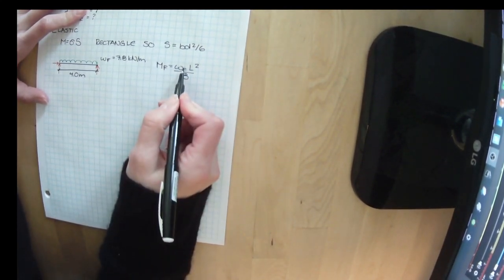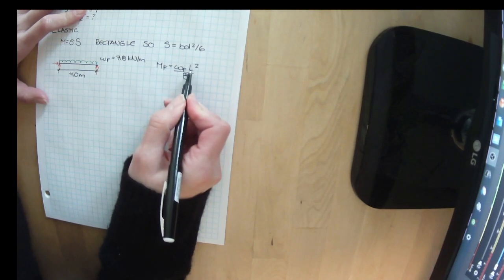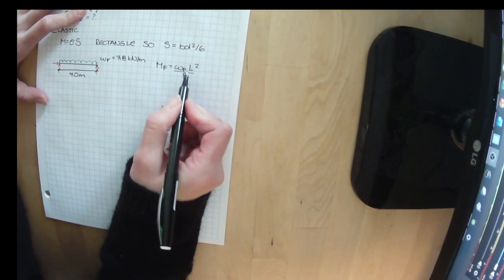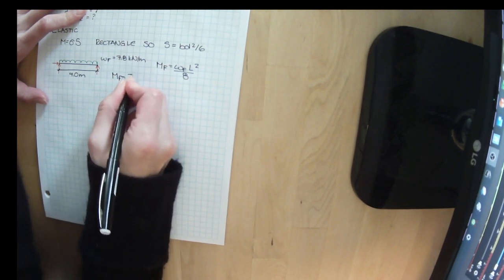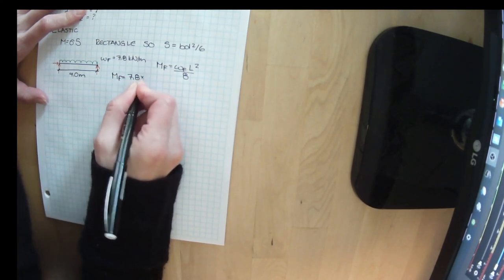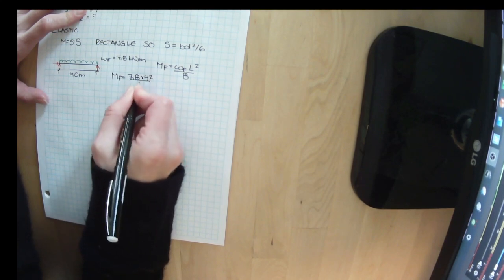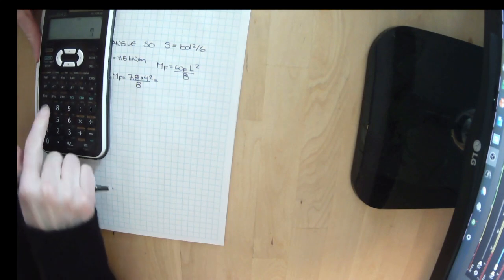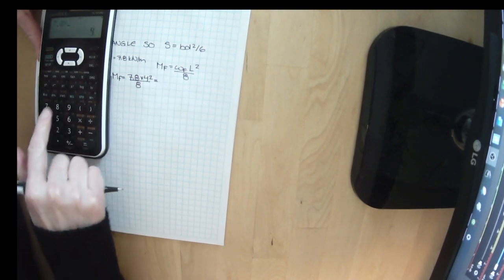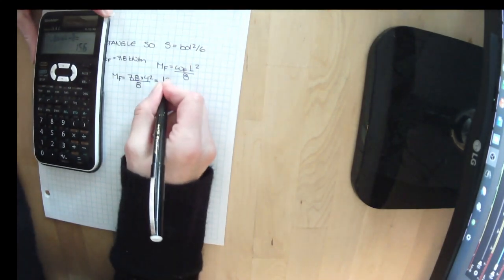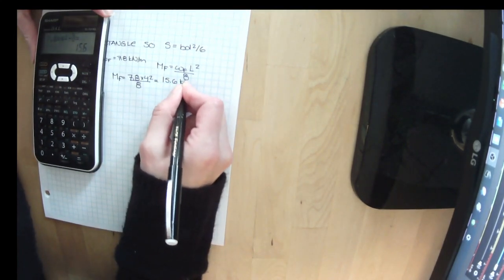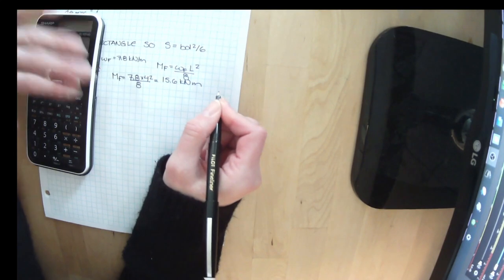Well, we have WF, we have L. We can solve what the maximum moment is. So MF equals 7.8 times 4 squared divided by 8, which equals 15.6 kilonewton meters.